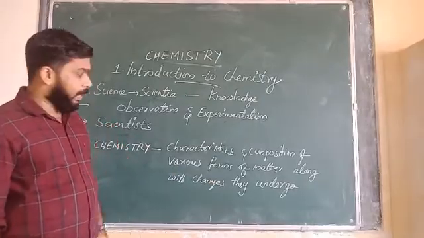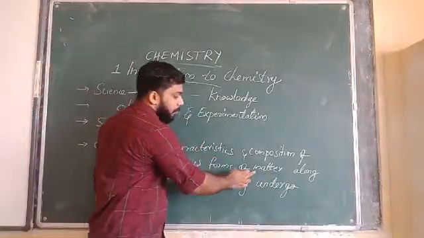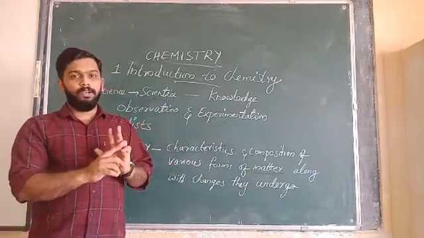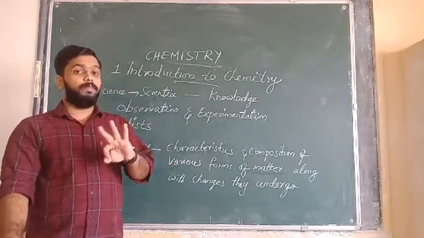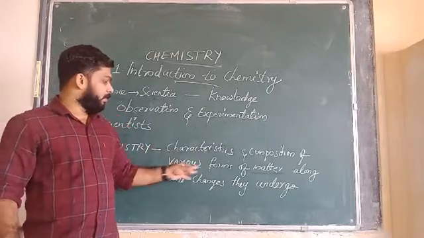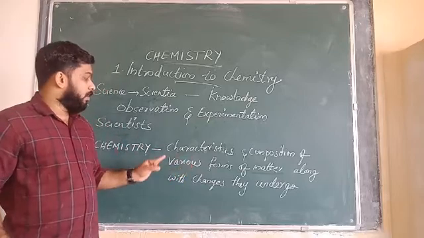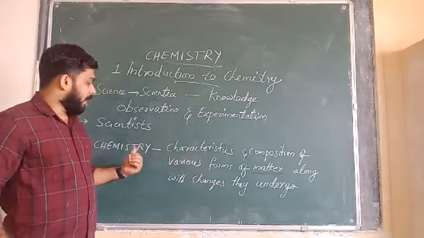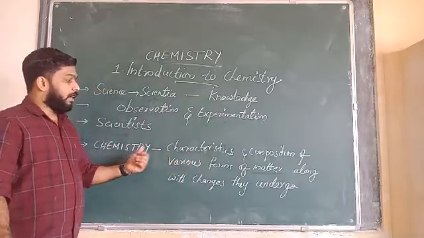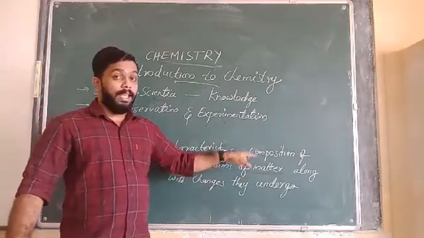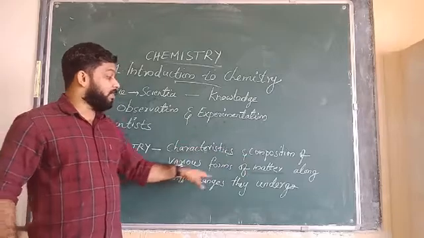Have you heard about the word matter? You have studied it. Solid, liquid, gases are three forms of matter. So they are called various forms of matter. In chemistry, we are going to deal with the characteristics and composition of various forms of matter along with the changes they undergo.